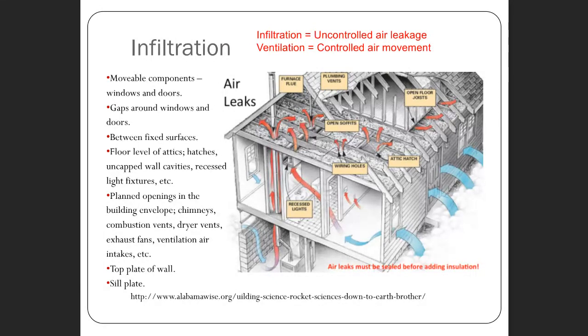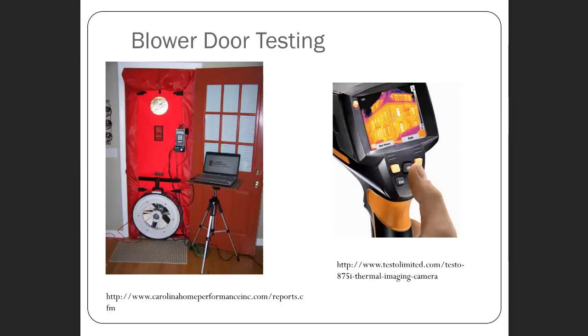So our goal here, by fixing all these different cracks and gaps in our homes, is to move from infiltration, which is uncontrolled leakage, to ventilation, which would be more controlled air movement. How do we do that? A tool that's often used in addressing some of these air leakage problems is what's called a blower door.